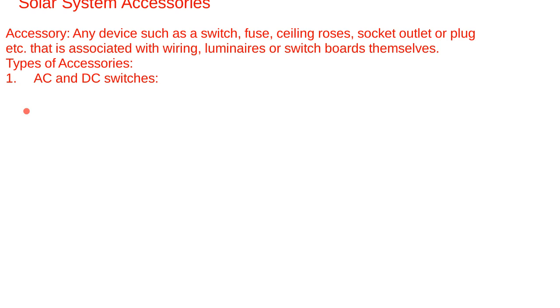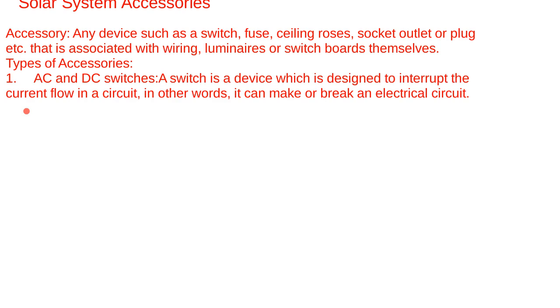And when it is open, then that circuit is not complete because we don't have continuous flow of electricity. So that is a switch. We have a number of them. You can categorize them into two major types: the AC or the DC.